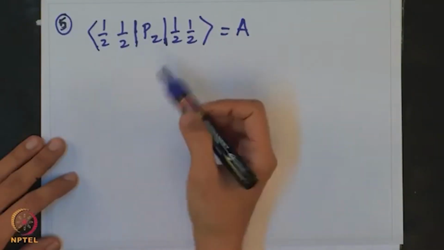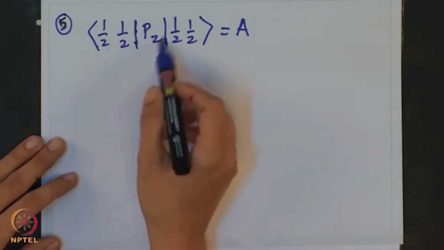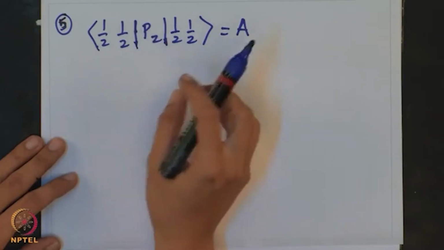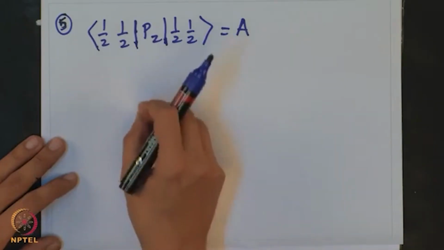When you are doing measurements, the experimentalists give you the output of the z component, but you actually want the data of some other quantity. Here you have pz, but you cannot measure px directly. There is a way in which you can obtain px, by using the Wigner-Eckart theorem.